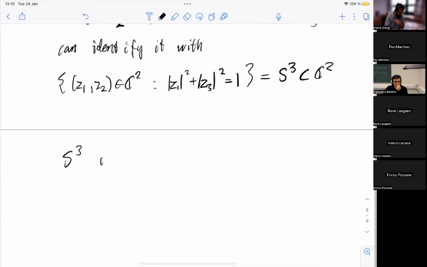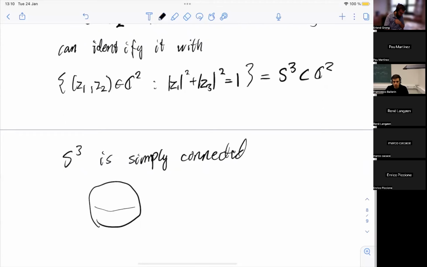And S3 is simply connected. So this is not a 3-sphere, this is a 2-sphere, but it's not very different when you go one dimension up.